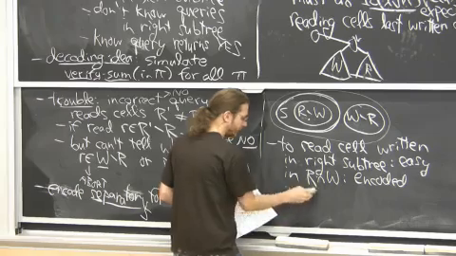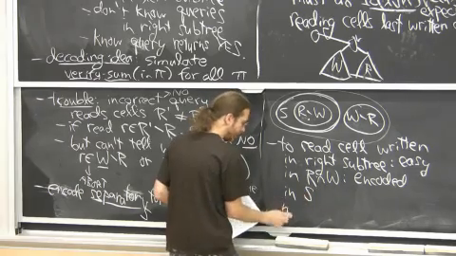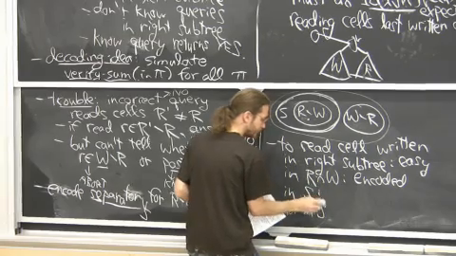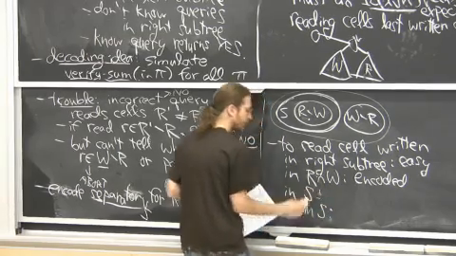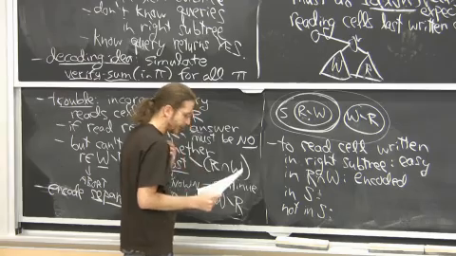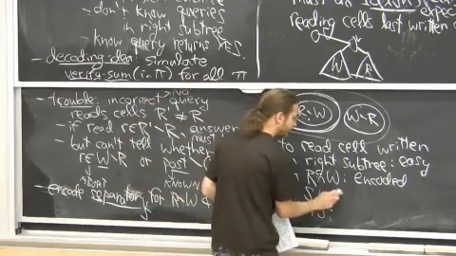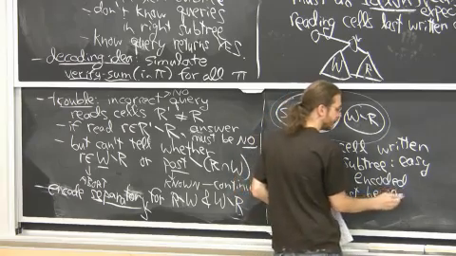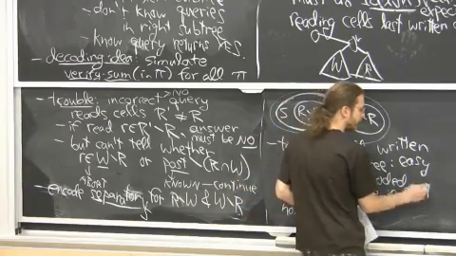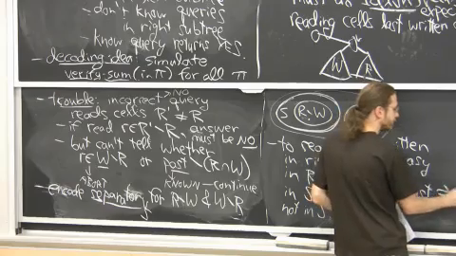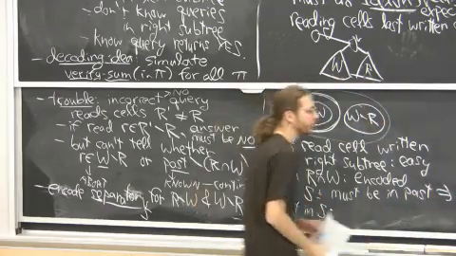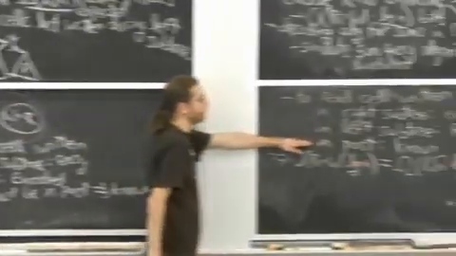Then the other cases are either you're in S or you're not in S. Okay, I claim if you're in S, you must be in the past. That cell must have been written in the past, and so you know what the value was. And so you can continue running the simulation just like in this situation.